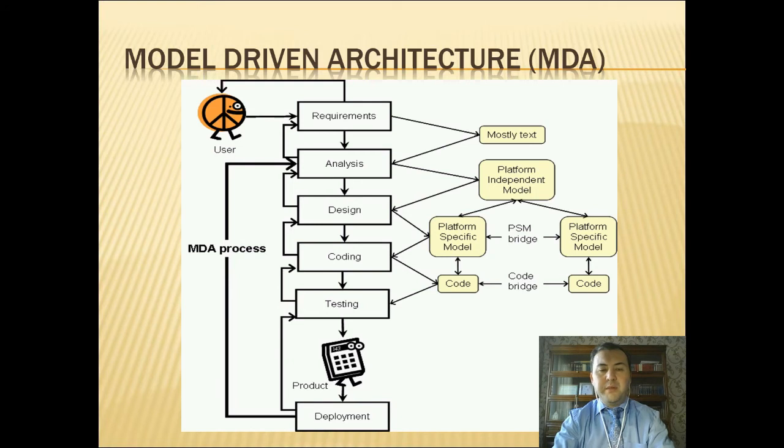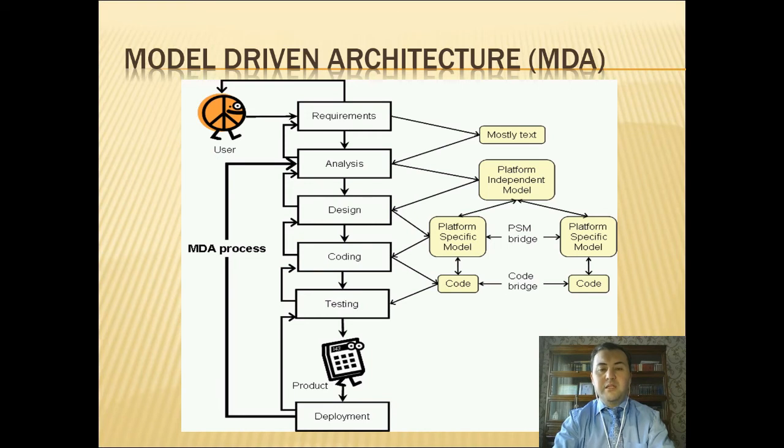In the next step, the PIM is transformed into one or more platform-specific models, or PSMs. A PSM is tailored to specify your system in terms of the implementation constructs that are available in one specific implementation technology. For example, an EJB PSM is a model of the system in terms of EJB structures.